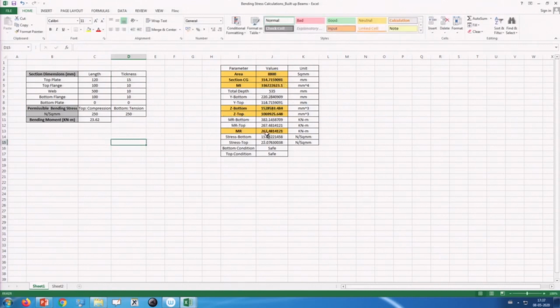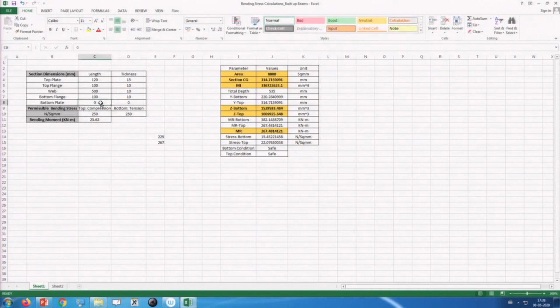Okay, the MR is now 267. Initially, if I do not have it, it was 225. Please remember, it was 225. Now, if I put that value as 120 and 15, definitely it is increasing to 267. See. And then now there is no bottom plate.